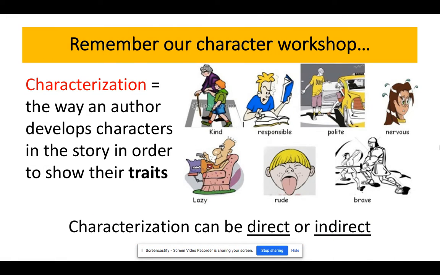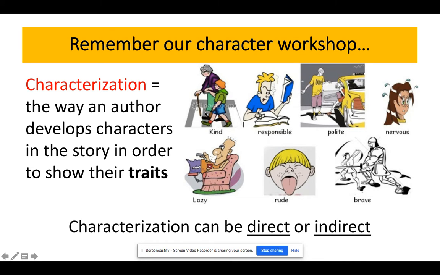Remember our characterization workshop. Characterization is the way an author develops characters in the story in order to show their traits. Characterization can be direct or indirect. For example, if you look at the top left, this first picture, if I were going to say direct characterization, I would say, this boy is a kind boy.